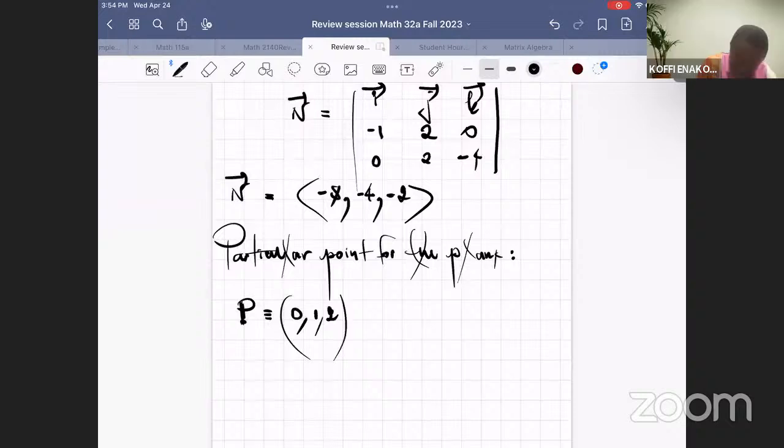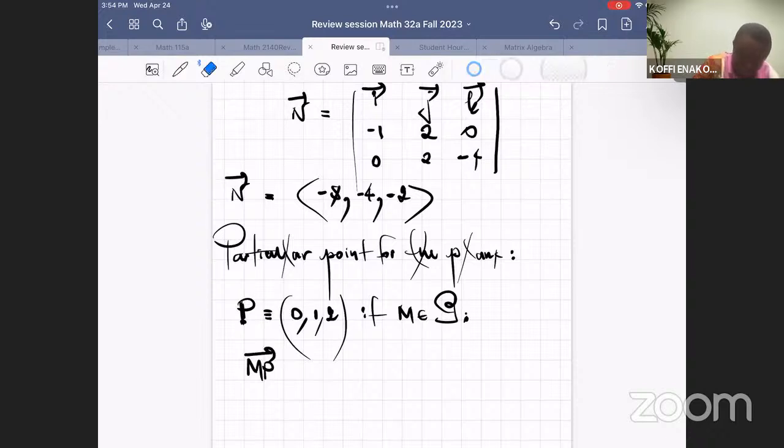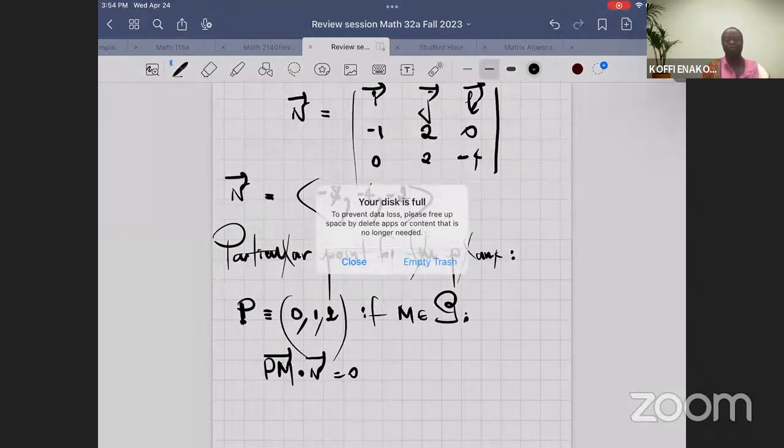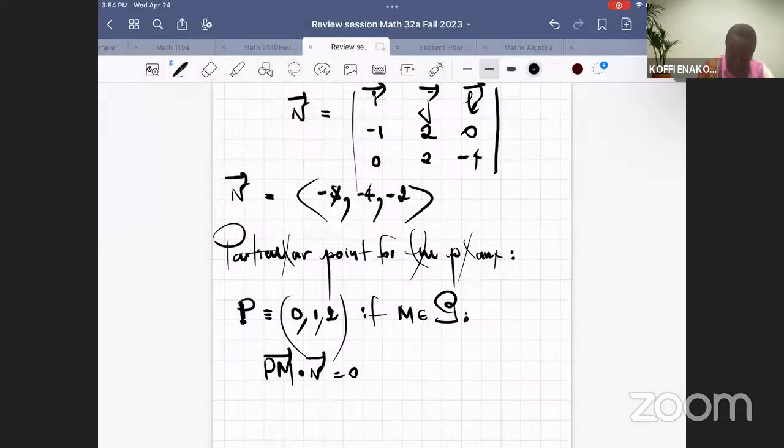It's on the line L1. So with this particular point, if M is on the plane P, then the vector PM dot N, those two vectors are orthogonal.